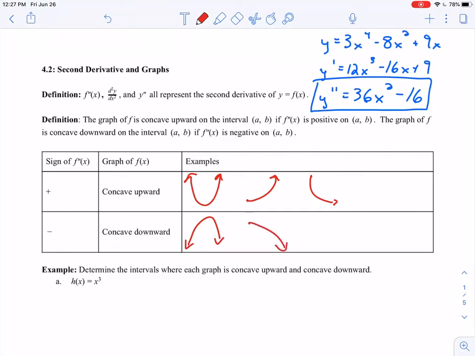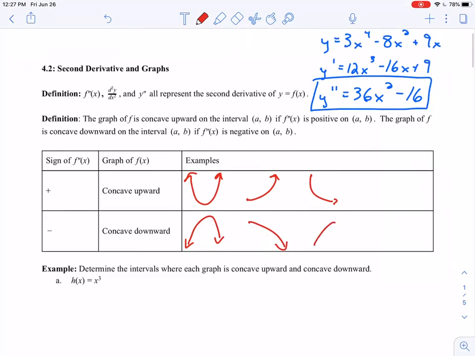So I might have, say, the right half or the left half, something like that. I don't need the full parabola, but I should see that graph kind of curving downward. I've heard concave down like a frown. If that helps you remember it, by all means, use that to help you remember which one is which.